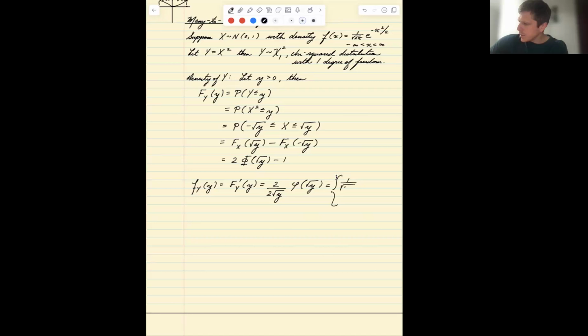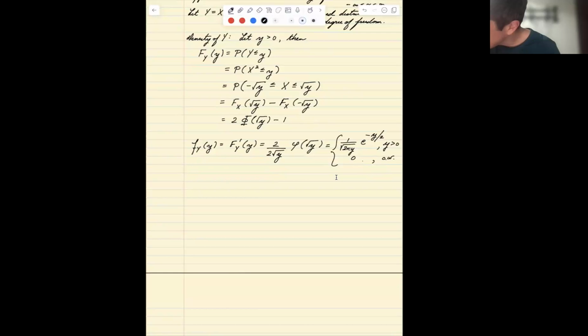So we put this in, and we get 1 over square root 2 pi y, e to the minus y over 2. And y has to be positive because y is the square of x.